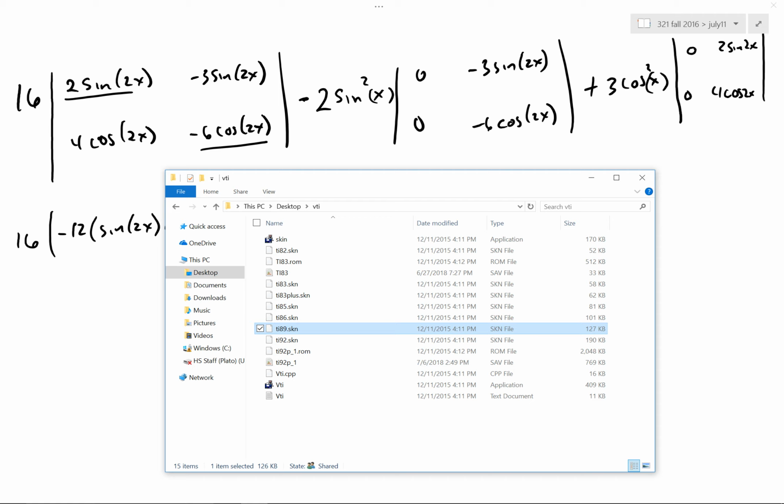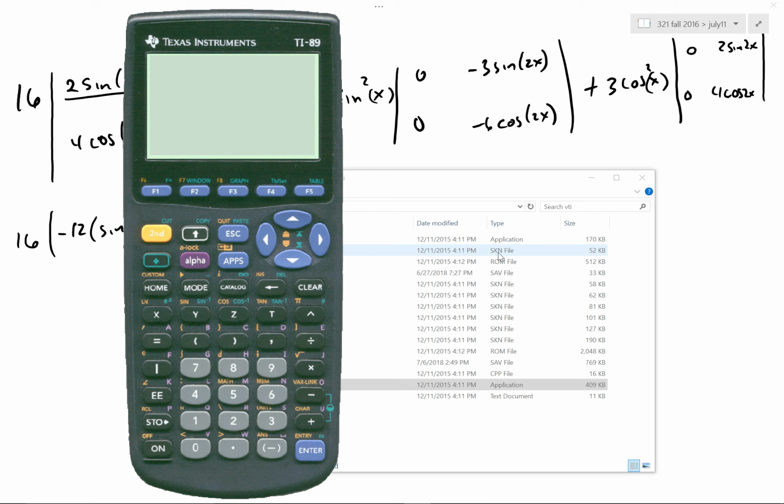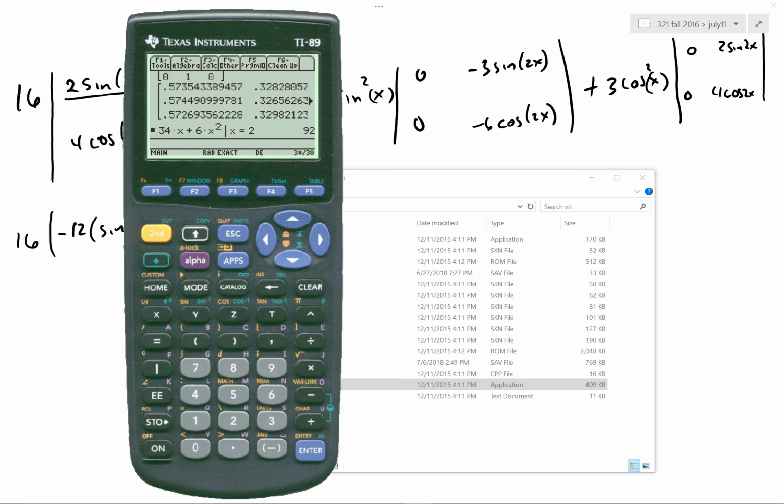And we'll put that thing through its paces a little bit. Nice. So what I normally do, and you can do it a couple of different ways, I don't like to type in the function 87 times. Does that make sense? So what I'm going to do is store things. I'm just going to type 16 like that, and then the store key is right here. So store, and then alpha A, enter.